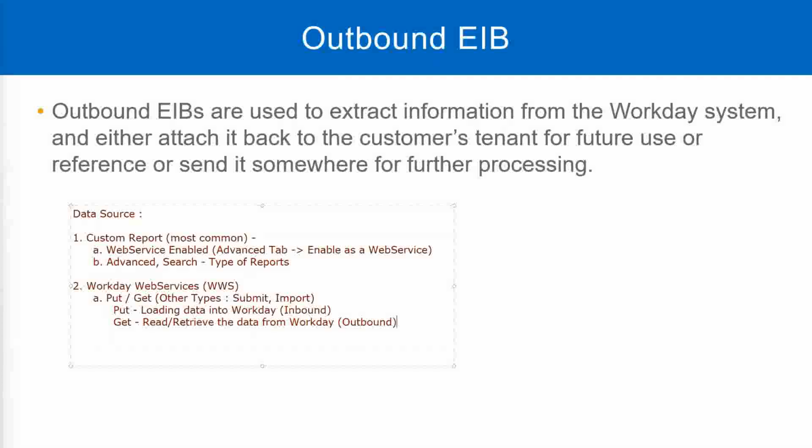Okay. So now, how do we know which operations to use? For that, there is a task called Workday Web Services, right? If you look at this task, it will give you a list of all the web services and its operations, right?